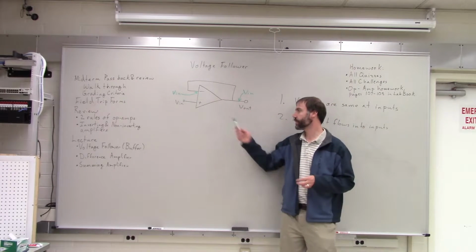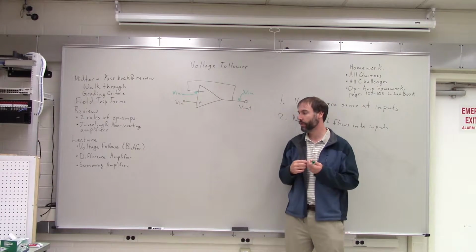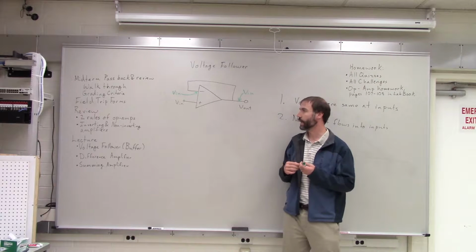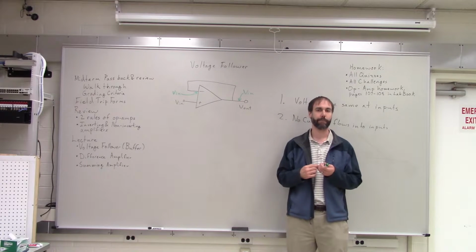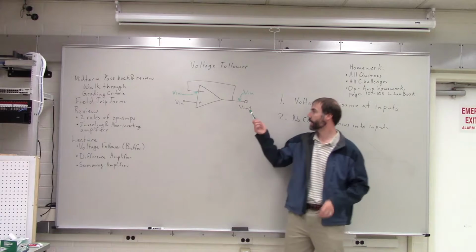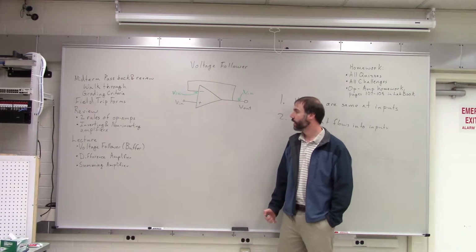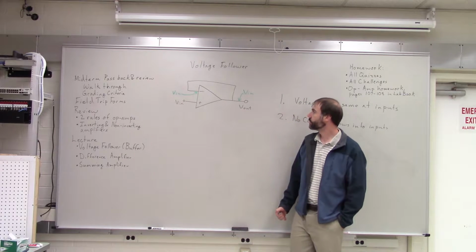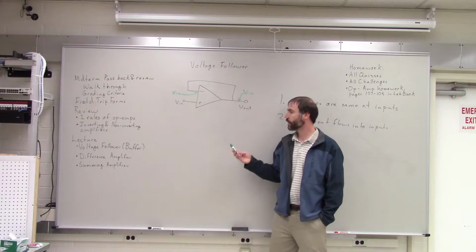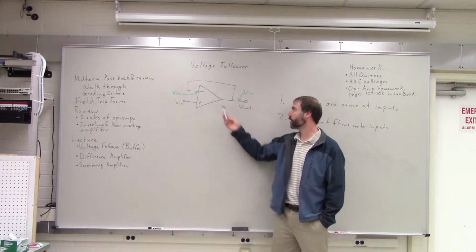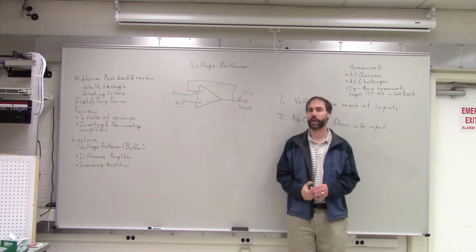Transistors, op amps, things like that, which are hooked up to power supplies, are called active components. So this is an active component. It gets its power from an external source. So this is a voltage follower or a buffer op amp circuit. Any questions about that?